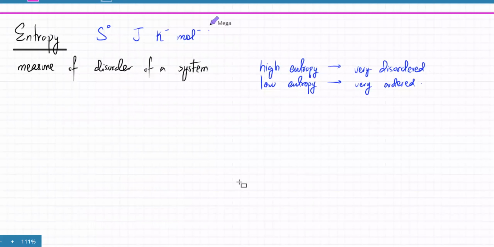Anyways, I'll just make my own diagram very quickly. So you've got high entropy states and you've got low entropy states.